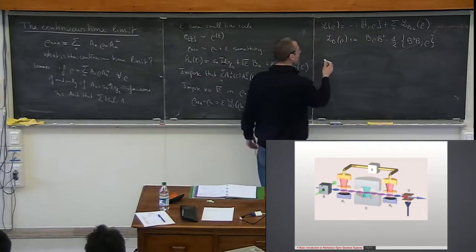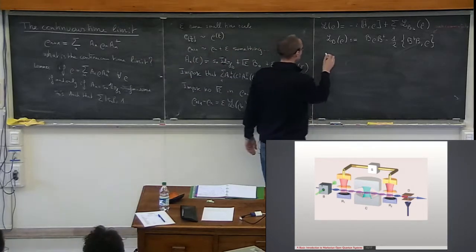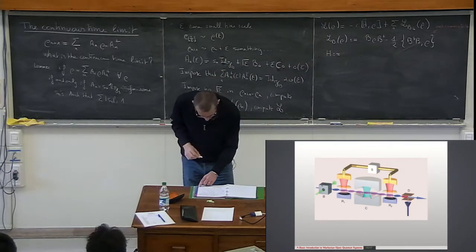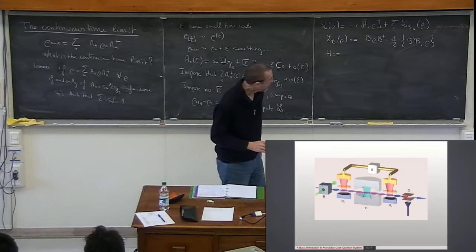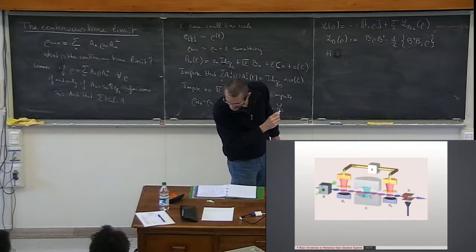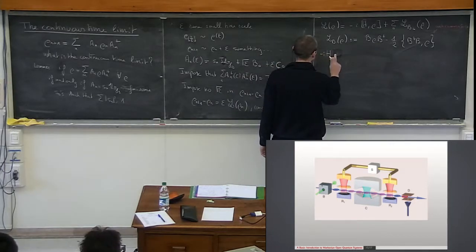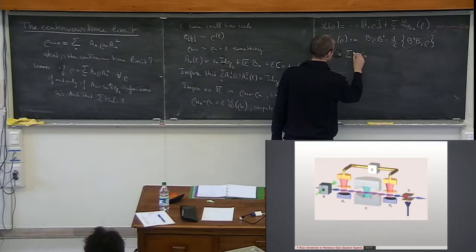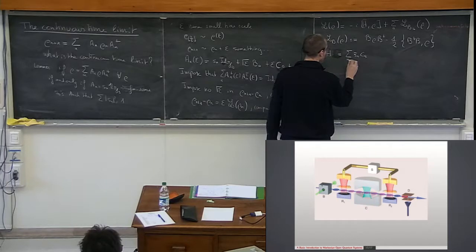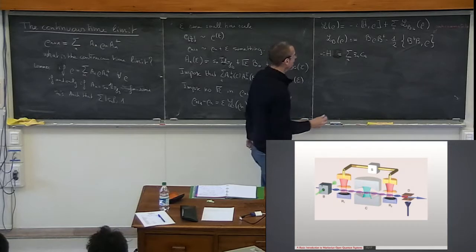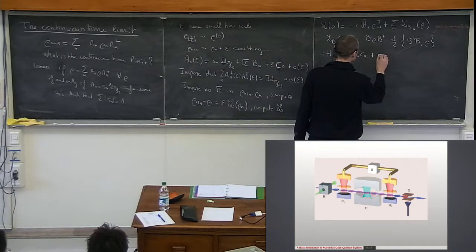And H, so the B's are the ones you defined there, and H is by construction. This is just equal to a very simple thing that I will give you. It's defined by the following relation. Let me state it correctly. Yes. Okay. Minus iH is equal to the sum over A of s_A-bar C_A plus 1/2.